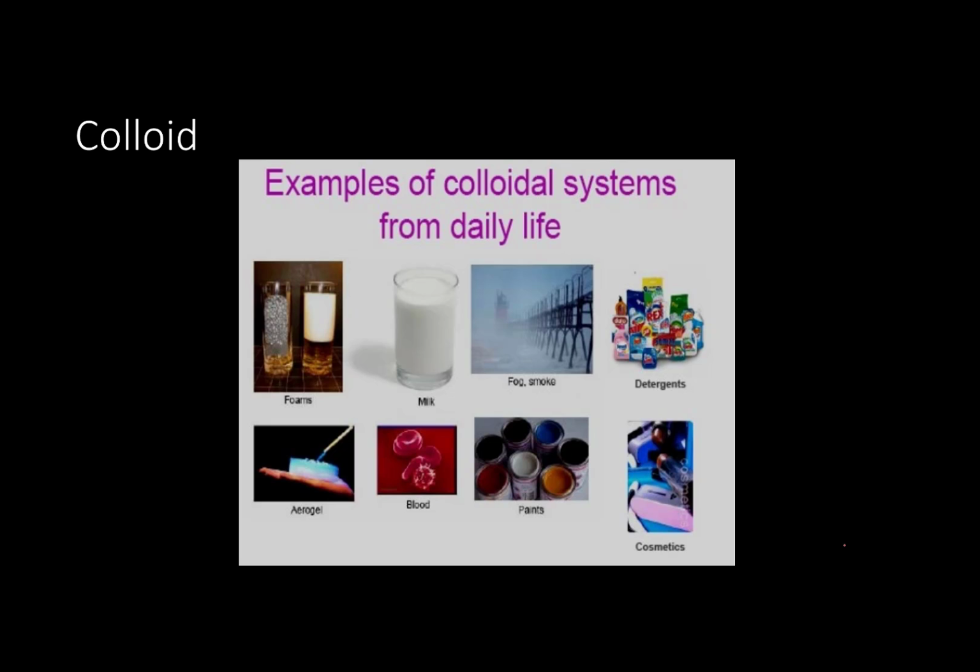Okay. Now, a colloid is a little bit different. First of all, it is a type of homogeneous mixture, but it's different from something like salt water because the particles that are mixed into the water are much bigger, okay?